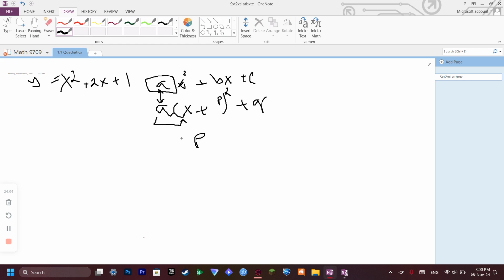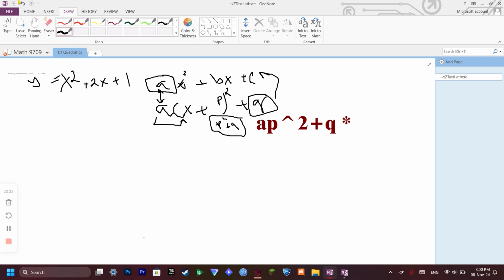This way, ap is just going to be equal to b. So you can change p to control b. And after this, you're just going to have p squared plus q. This is going to be equal to c. You could set a value for a such that it equals the ax squared, then change p so that it equals b in the bx, and then you can change q to control c. So you can write every quadratic in this form.